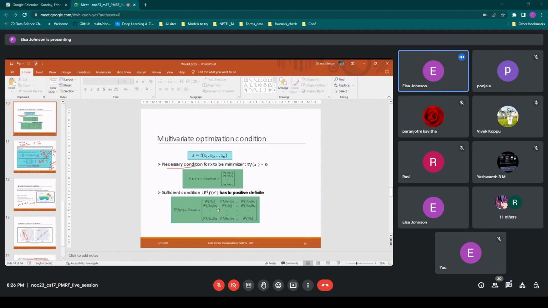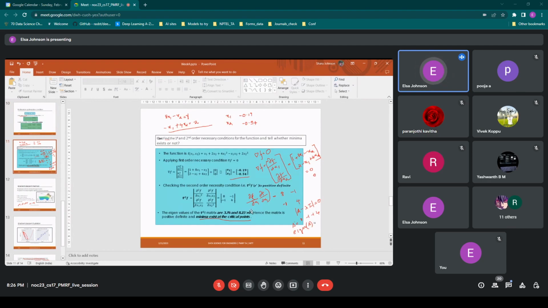Okay. Similarly, the second row will be like dou square f by dou x2 dou x1. Then it'll end like dou square f by dou x2 dou xn. And the last row will be dou square f by dou xn dou x1 up to dou square f by dou xn square. Okay.